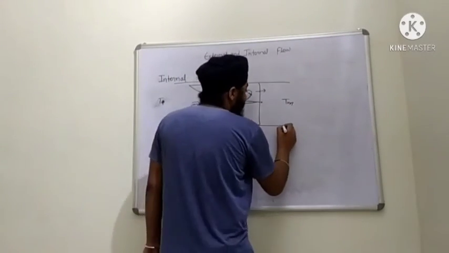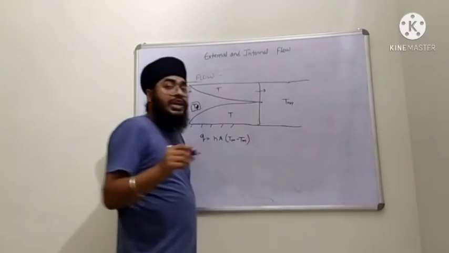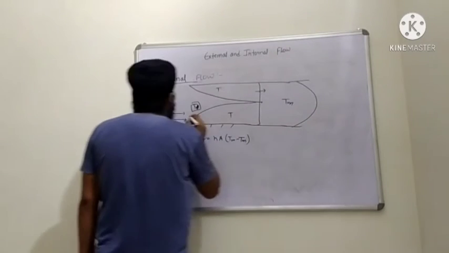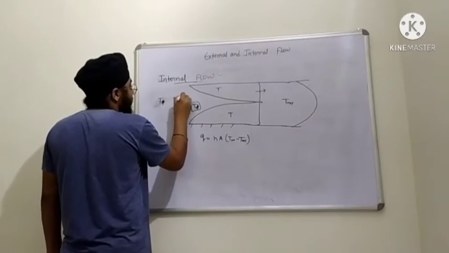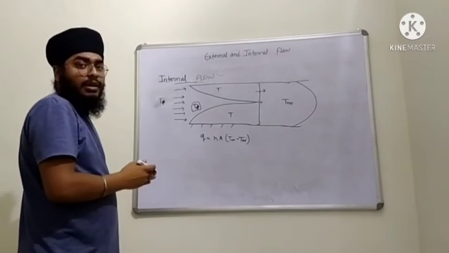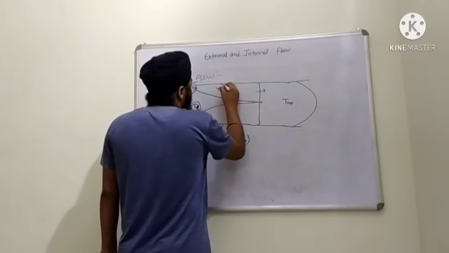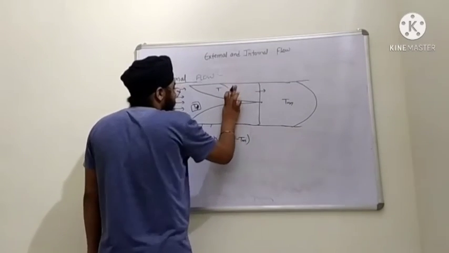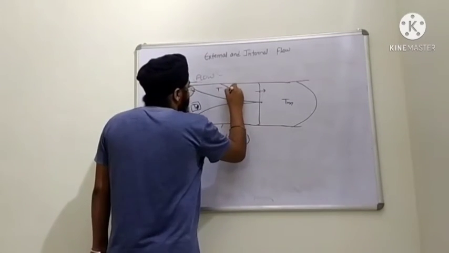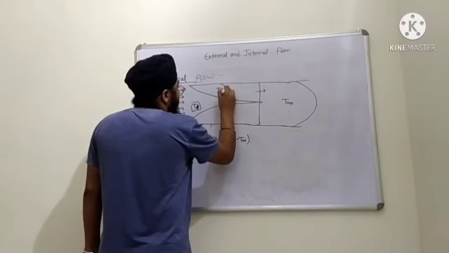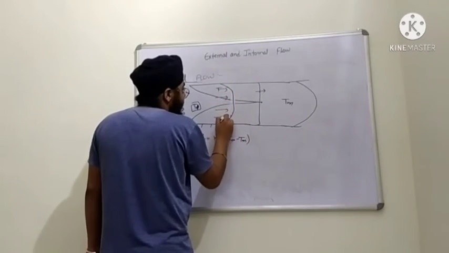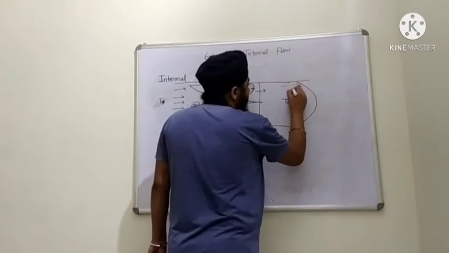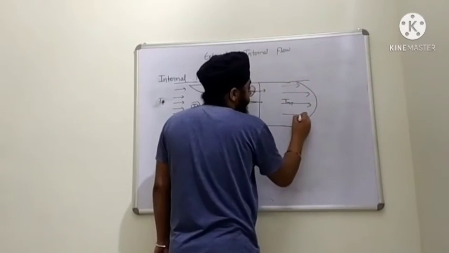So what will happen after this point is that a fully developed flow will form like this. Before this there is plane flow, but after these two boundary layers merge into each other, what we see is a fully developed flow.